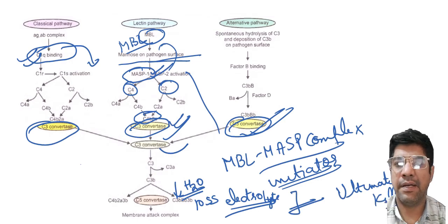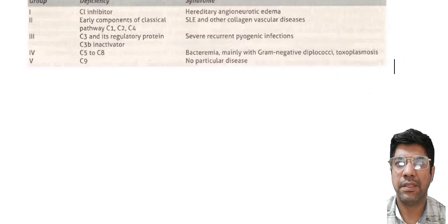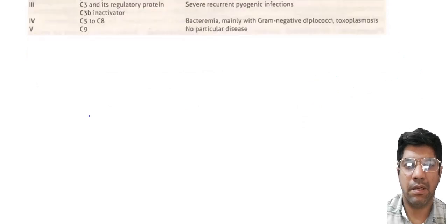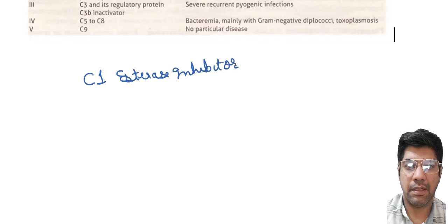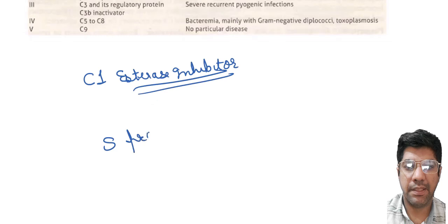Now let us discuss the inhibitors of the system. They can be C1 esterase inhibitor and the other is S protein.